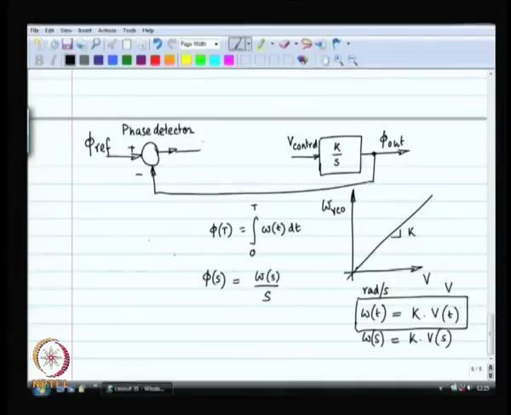Be very careful about it, right. In response, you are creating a voltage, and then this has to go through some sort of a loop filter and generate V control.